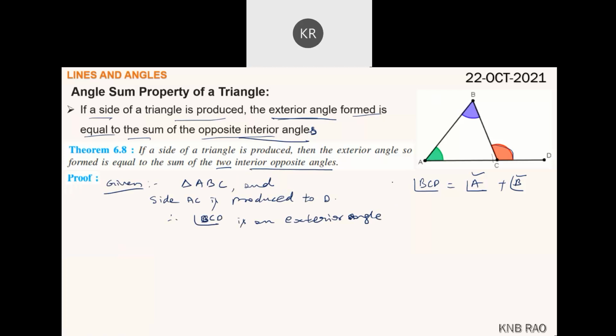So, to be proved is angle BCD is equal to angle A plus angle B. Angle A plus angle B is equal to angle BCD.